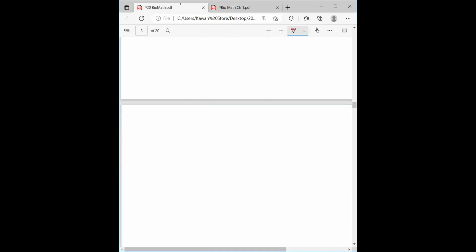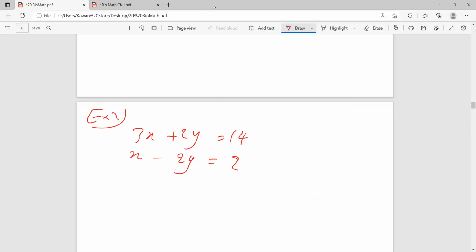Example 2. So we have 3x plus 2y equal to 14. X minus 2y equal to 2. Okay.